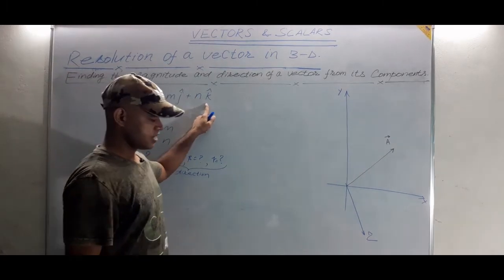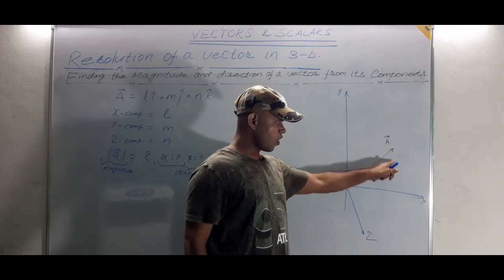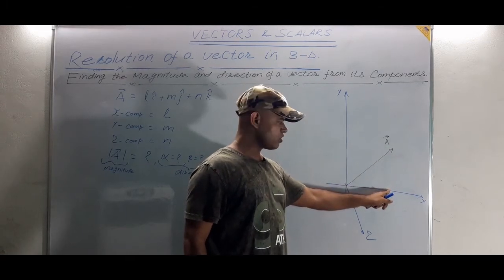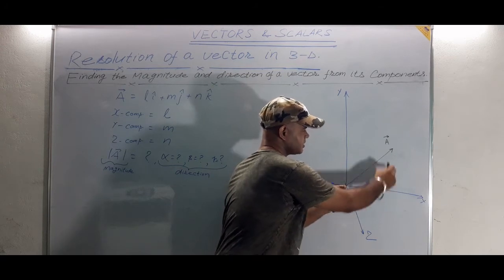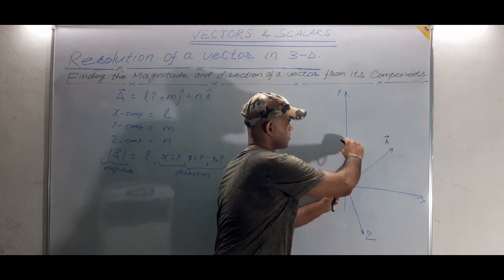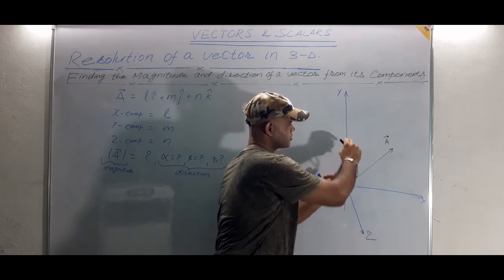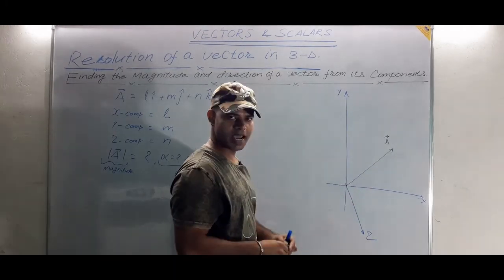It means if you drop a perpendicular from the head of the arrow on x-axis, the point of intersection, distance from the origin will be L. Similarly, if you drop a perpendicular from the head of the arrow on y-axis, the point of intersection, distance from the origin will be M, and similarly on z-axis it will be N.